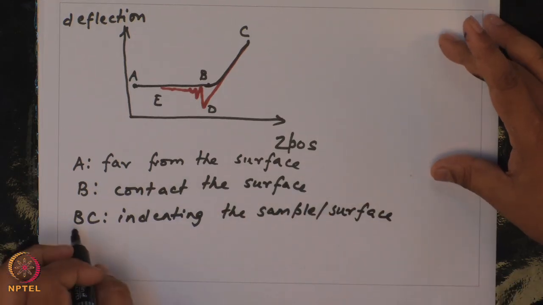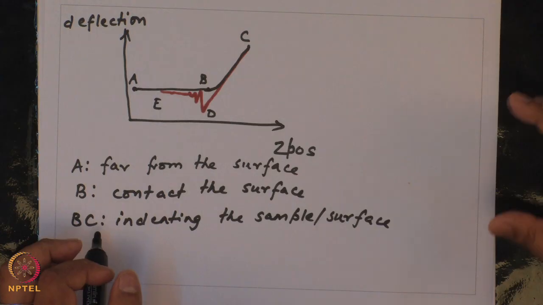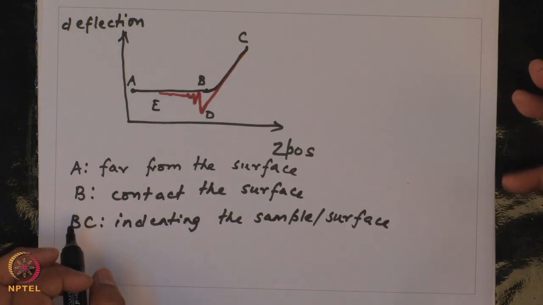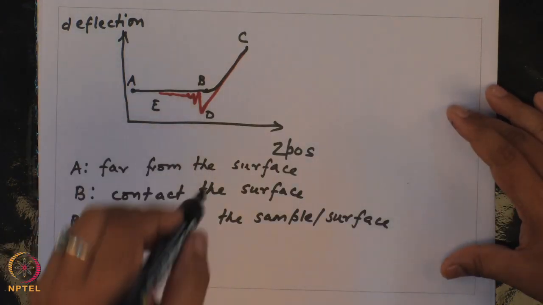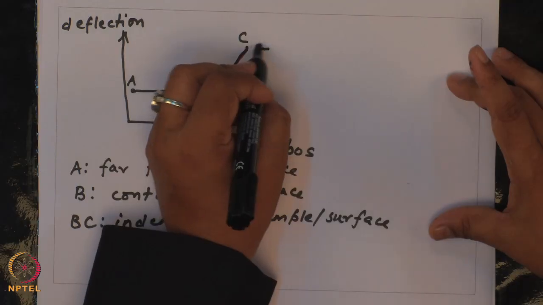The extent of indentation of the sample and the deflection of the tip is dictated by the compliance of the substrate. If you keep on banging your tip against the sample, then eventually at some point the tip will break. So, you do not want to do it. So, you limit the maximum deflection.